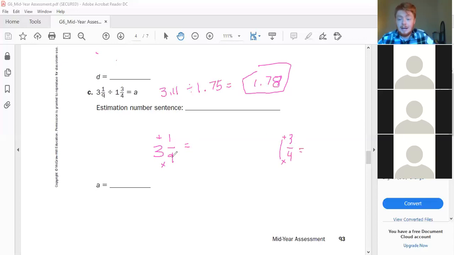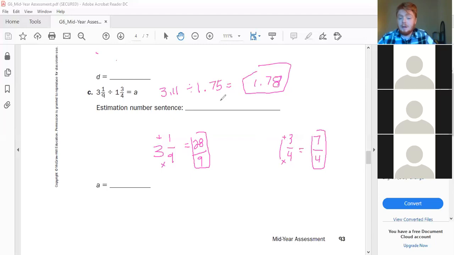So 9 times 3 is 27 plus 1, 28. Over, then we have our 9 right there. That's our first one, okay? 4 times 1 is 4, plus 3 is 7 over 4. That's our next one, okay?